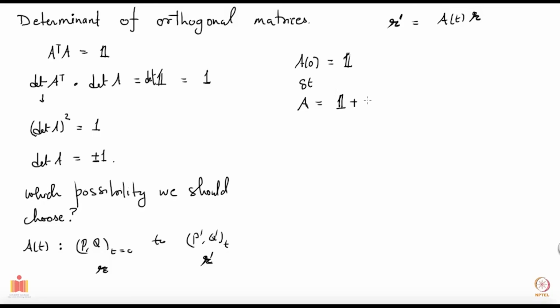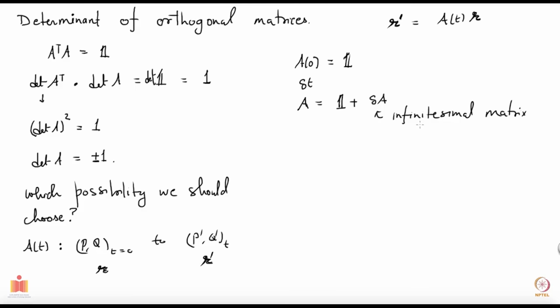So in addition to identity, you have a little bit extra, and I will write that extra as some delta A, which is an infinitesimal matrix. Is that clear that this is the thing we should write? So my matrix A differs by an infinitesimal amount from unity.